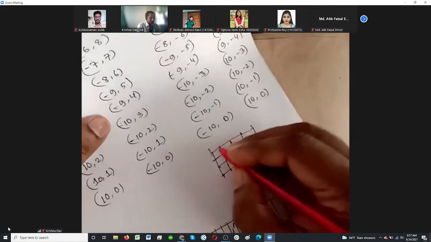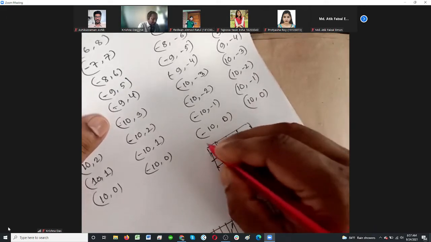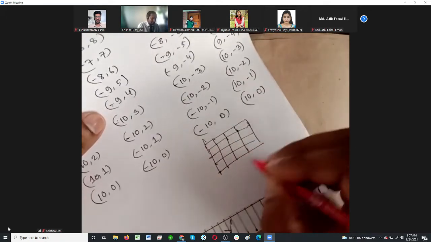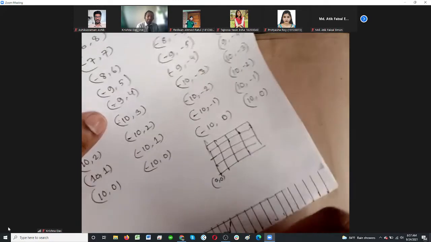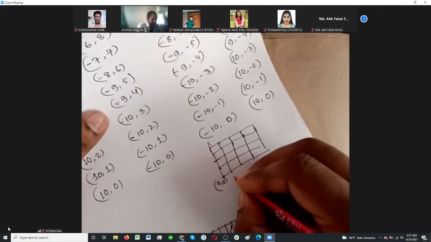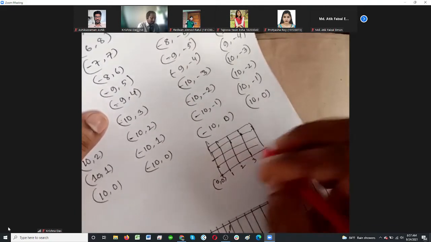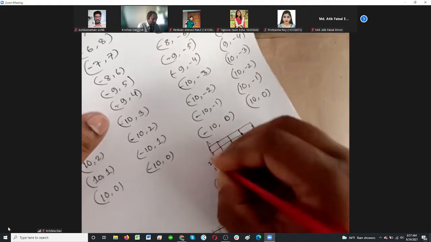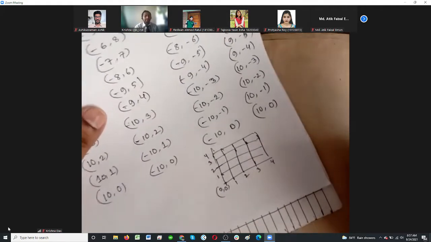Many students did not even define the values. If this is my origin 0 and 0, eventually we take this is 1, this is 2, this is 3, this is 4. This is the way you need to write it down. You left it for your teacher to count.